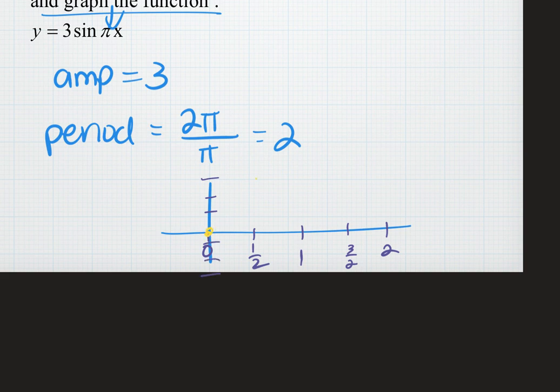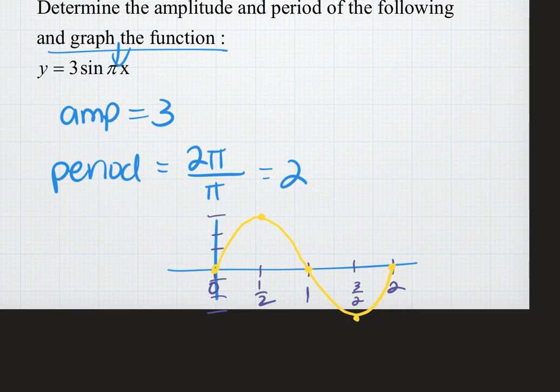Start at 0, up to 3, 0, negative 3, 0. Questions so far?